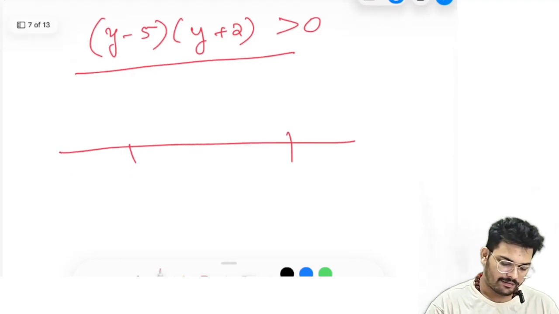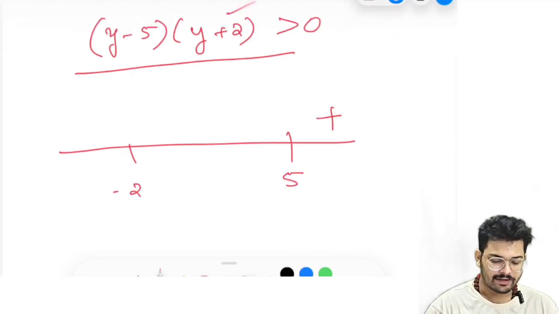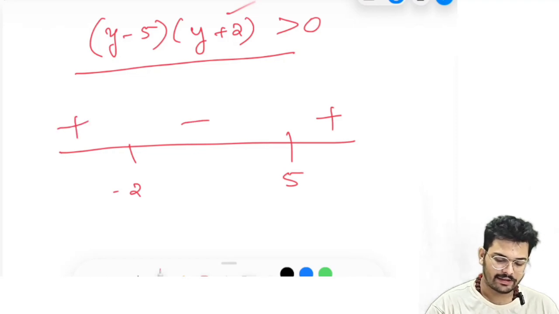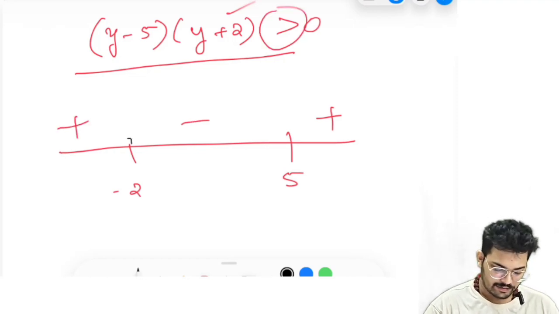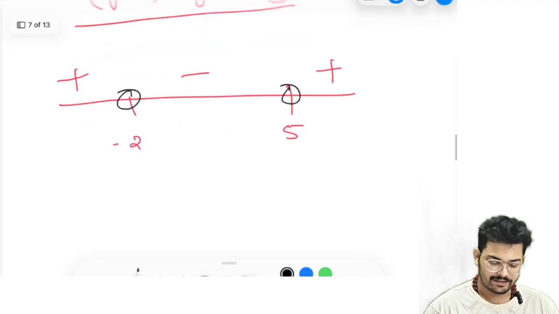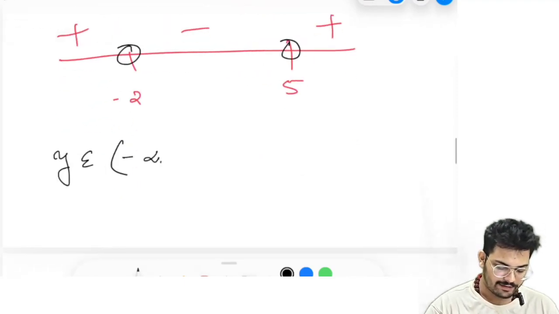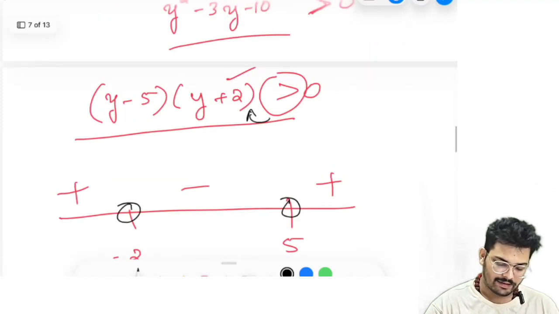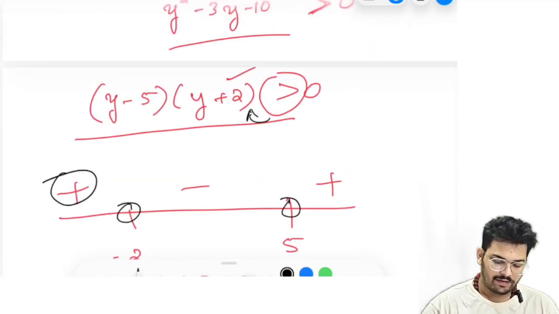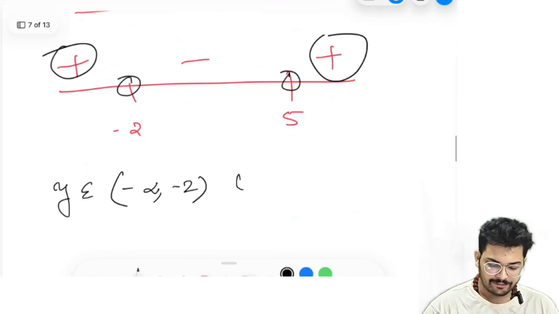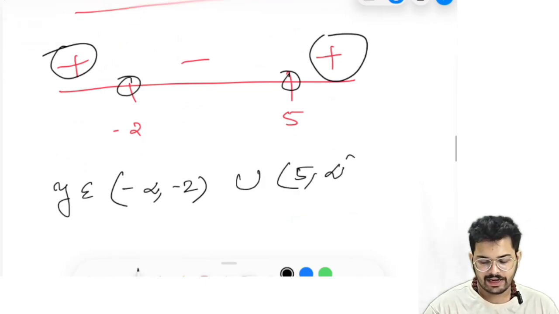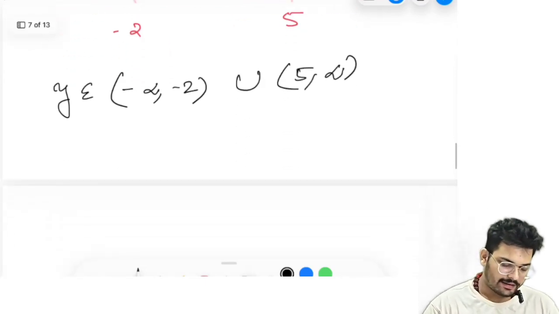On the number line, minus 2 will be here and 5 will be there, and we can add plus, minus, plus. Since it is greater than 0 only, these 2 points won't be considered, zeros won't be considered, which means y is an element of minus infinity to minus 2, because we need greater than, that's why we are going with the positive region, union 5 comma infinity.